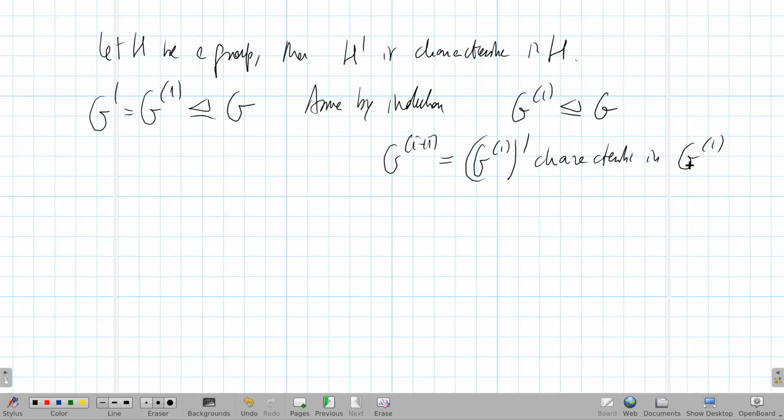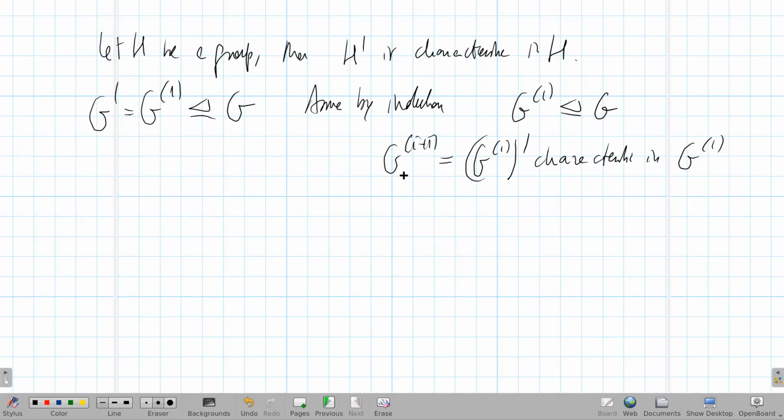And now there is an important point. Recall that I gave a simple example in which a subgroup which is normal in a normal subgroup need not be normal in the big group. But characteristic in normal is normal.